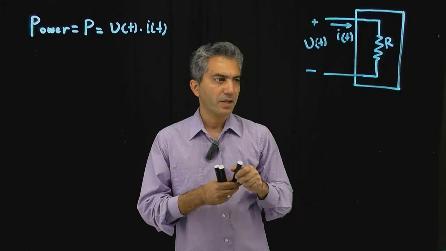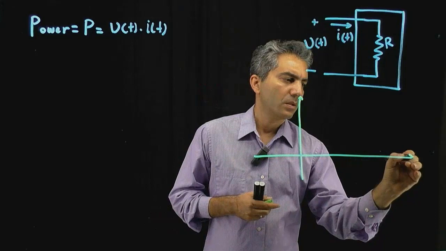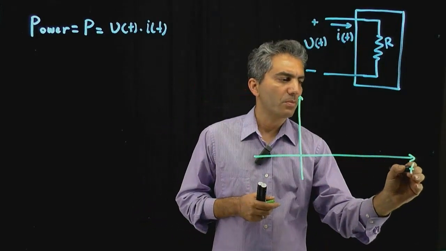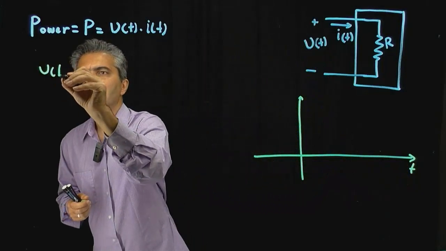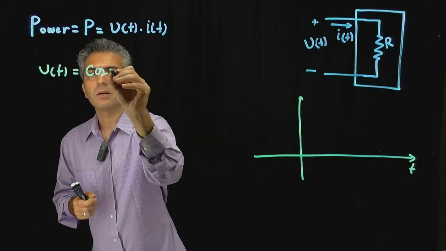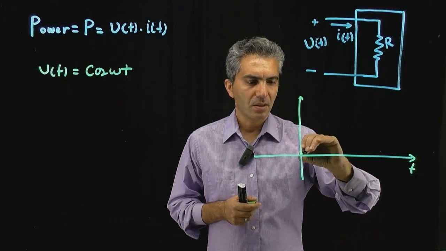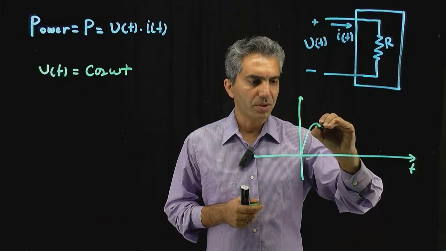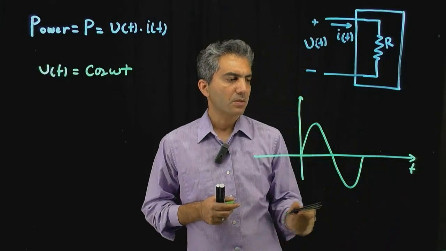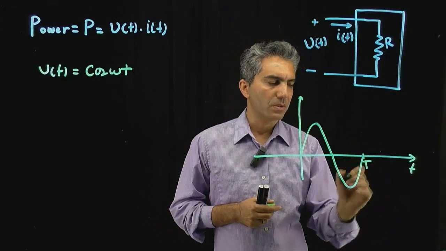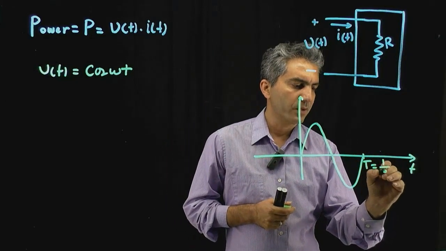So if I want to show you what happens in the time domain, let's assume that the voltage is a simple cosine of omega t. With the cosine of omega t, the waveform is going to look like this. And it repeats, right? So this is one period of the signal, which is 1 over frequency.